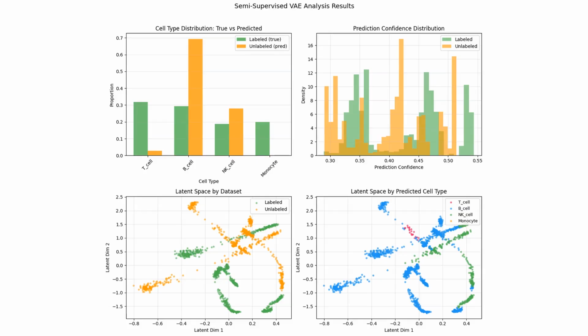The confidence distribution shows that the model has varying confidence levels for different predictions. In the latent space visualizations, we can see some separation between datasets and cell types, though with our synthetic data and limited training, the clusters aren't perfectly distinct. This is expected and demonstrates realistic model behavior.